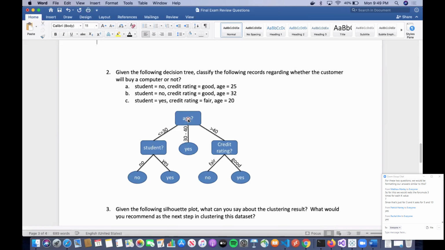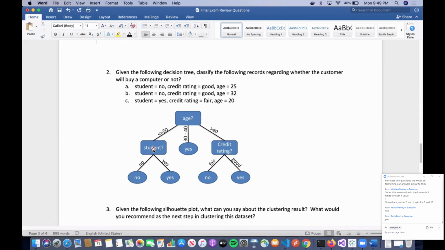If the age is between 30 and 40, then we say yes, they will purchase a computer. But if they're below 30 or equal to 30, we don't make a decision there, because it is not a leaf node at that point, but instead it's a decision.